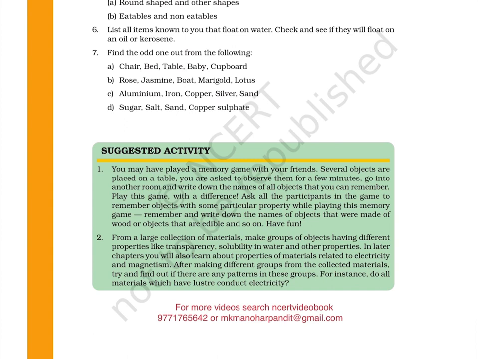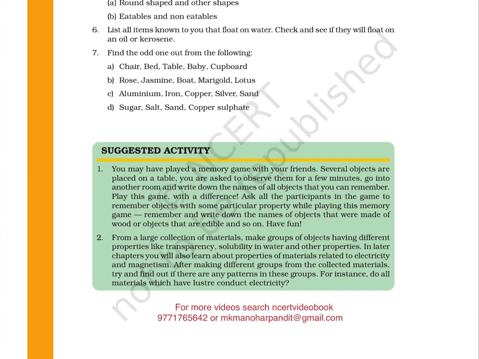Ask all the participants in the game to remember objects with some particular property while playing this memory game. Remember and write down the names of objects that were made of wood or objects that are edible, and so on. Have fun.